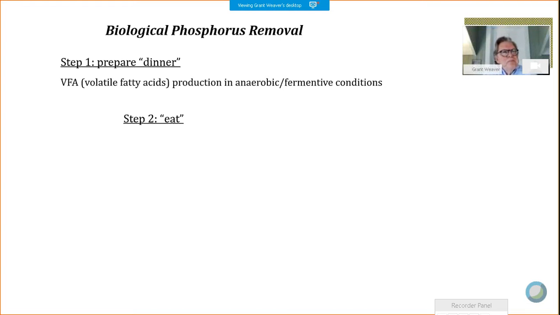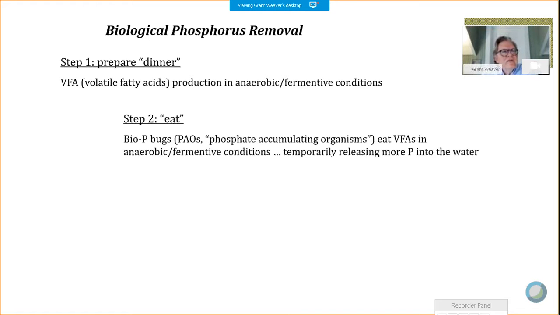And the bacteria that we want to populate our mixed liquor to remove phosphorus will feed on the volatile fatty acids. It will feed on them in zero oxygen conditions. If we send the volatile fatty acids into aerobic conditions, then other bacteria will outcompete the phosphorus bacteria and eat the overwhelming majority of the VFAs, and they won't get where we want them to get.